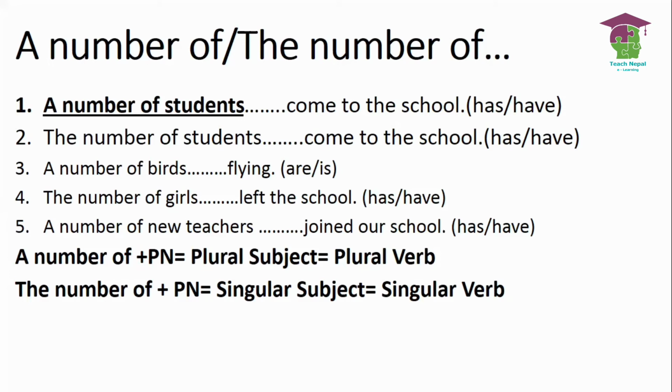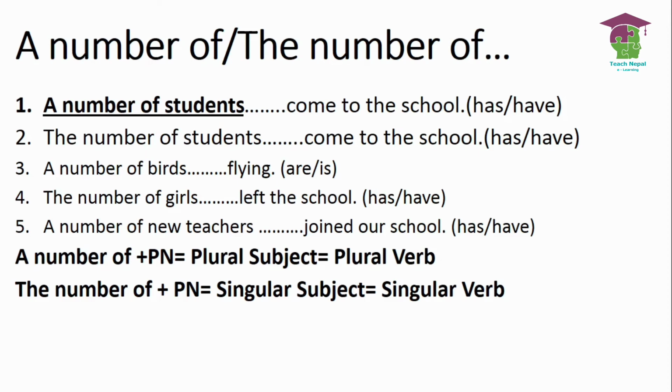Now here, be clear, I've mentioned it here: a number of plus plural noun, that is a plural subject, and it requires a plural verb. Now "the number of" — "the" is a definite article, I'm sorry, "a" is an indefinite article, right?